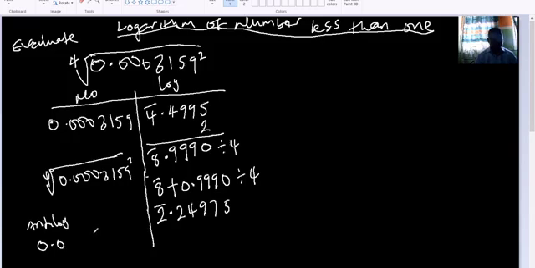So antilog of 0.24975. So you have that. So what is it? What you have here is 1777. So that's the answer.